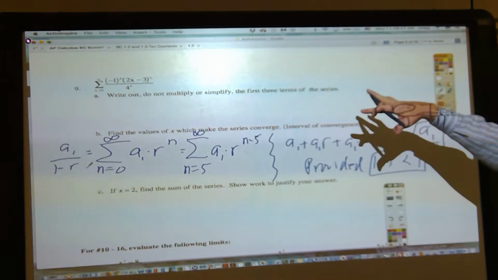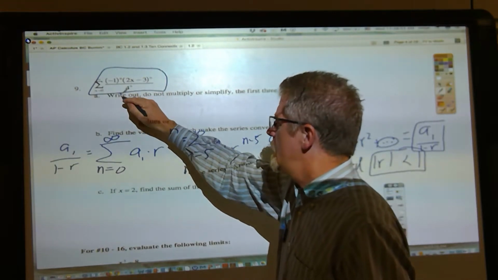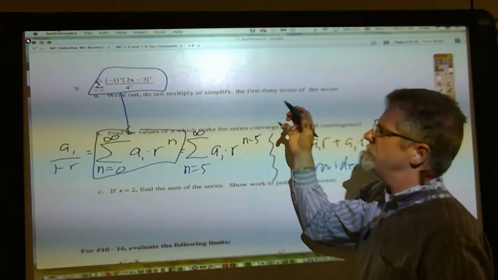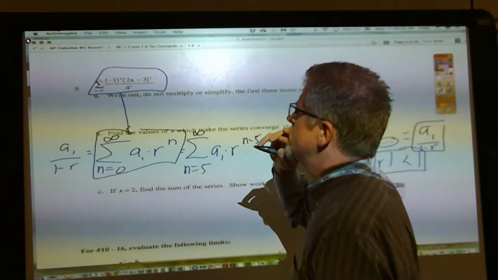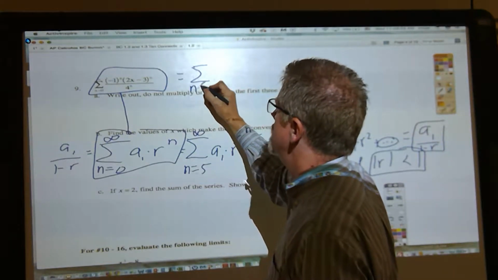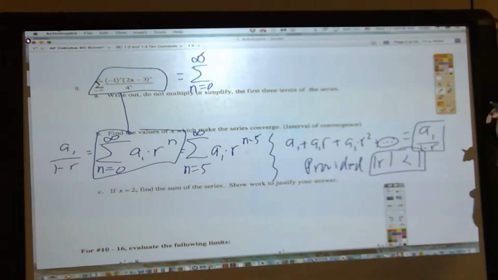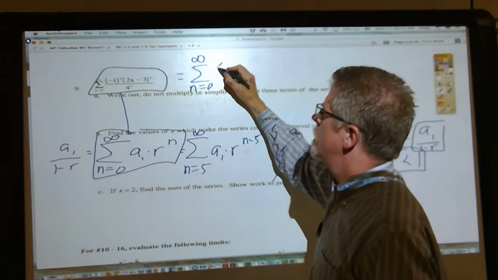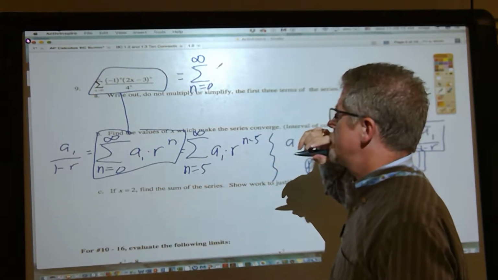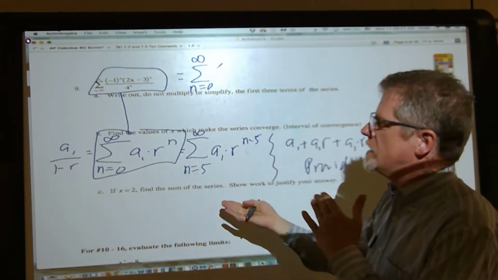So just to get you started on this one, I would want to try to get this sigma notation into that form. Where's the a1? Where's the r? The way I would do that is say, okay, let's look at this. It looks like this could be rewritten as the summation from n equals 0 to infinity of, notice it's an alternating series, it can alternate positive, negative.